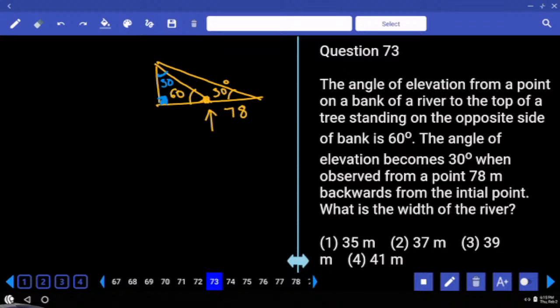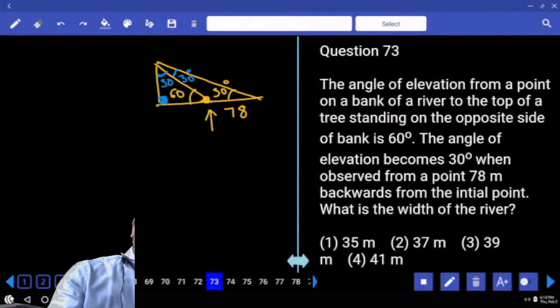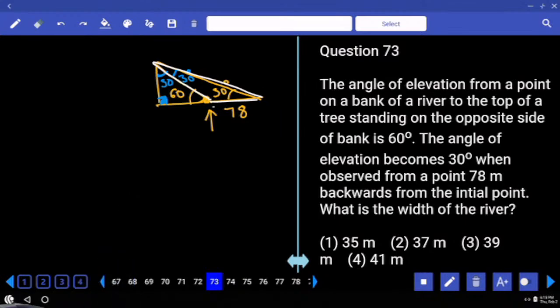Okay. Now, if this is also equals to 30 degrees, concentrate on this particular triangle where you have two equal angles, right? If there are two equal angles, then sides must be same.